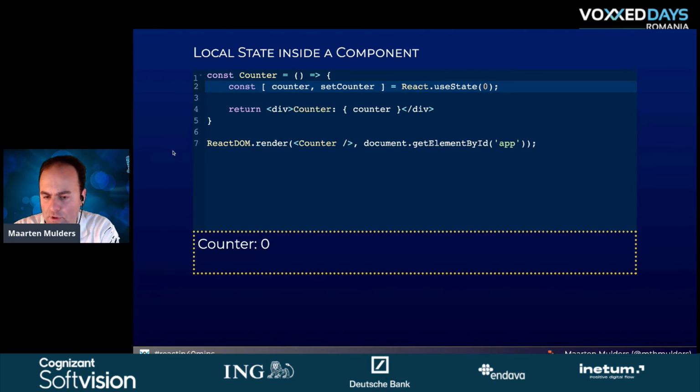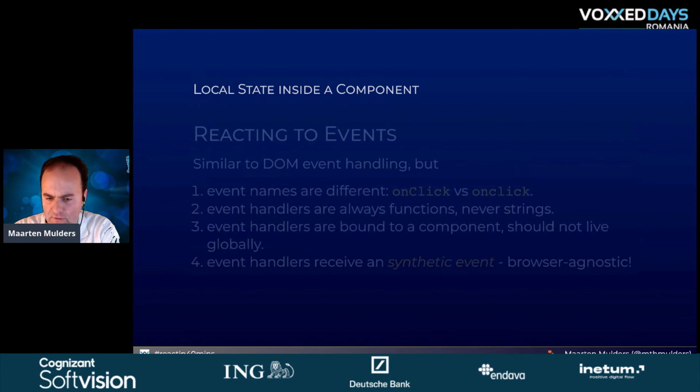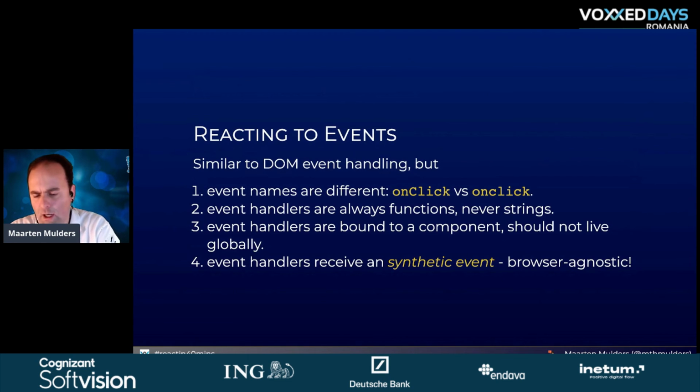But to update it, we must be able to react to an event. How do we do that? Well, event handling in React looks pretty much the same as event handling in plain vanilla HTML. But event names are a bit different, especially the capitalization is different. An event handler is always a function. It can never be a string, which it can be in plain HTML.